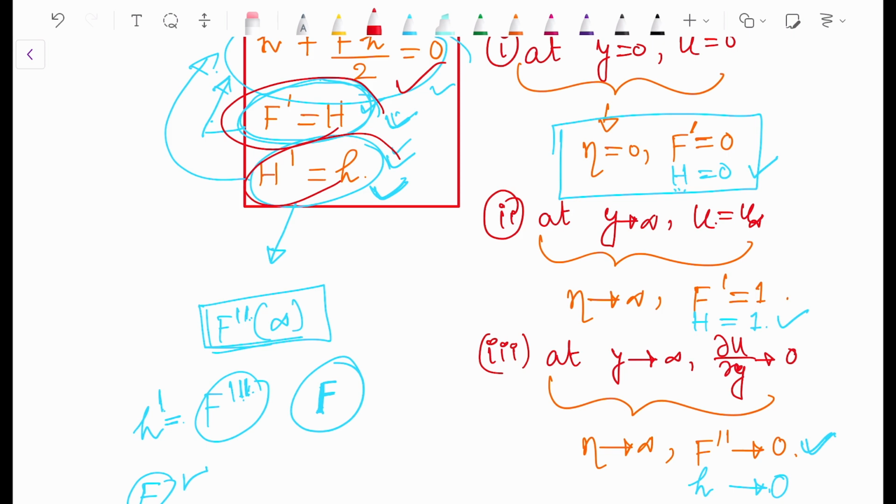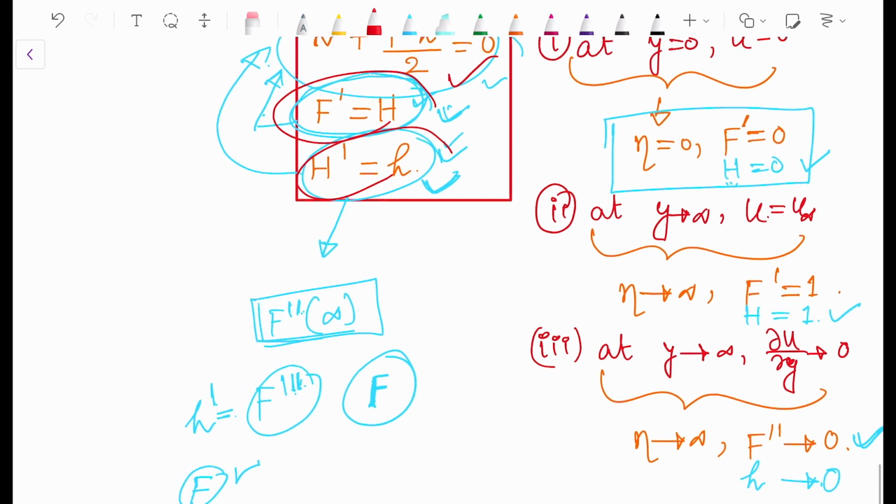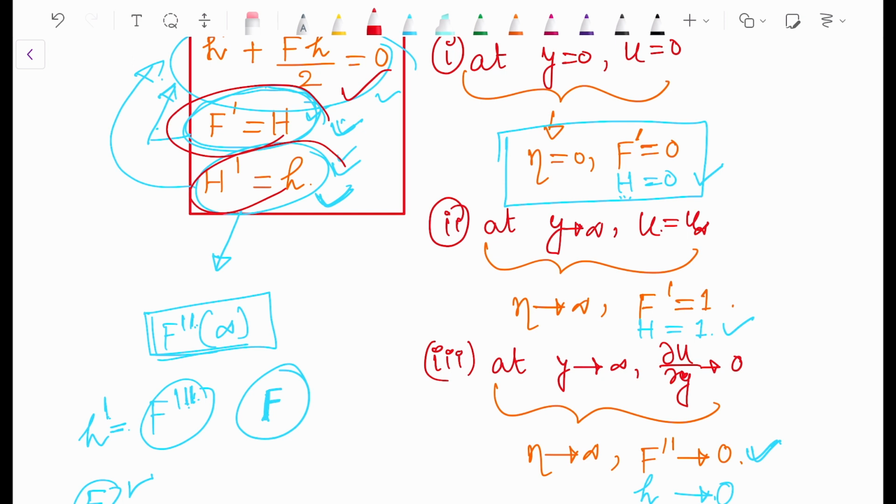Or, as you know that at eta equal to 0, h equal to 0, you can have h as a function of small h, solve for this and get f as a function of small h, and then find f double dash at infinity. If it is coming to 0, you are right, and if it is not coming to 0, then you have to change your guess.